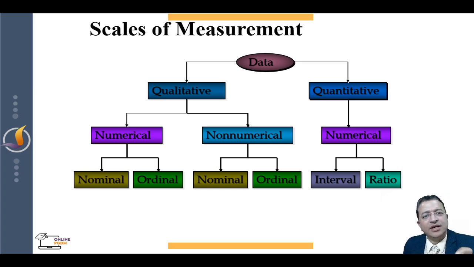But in case of quantitative, it is always numeric, and the scale which we generally use there is interval or ratio scale. In addition to this, there are certain types of data which we also use in analysis, and we must know what exactly these types are.